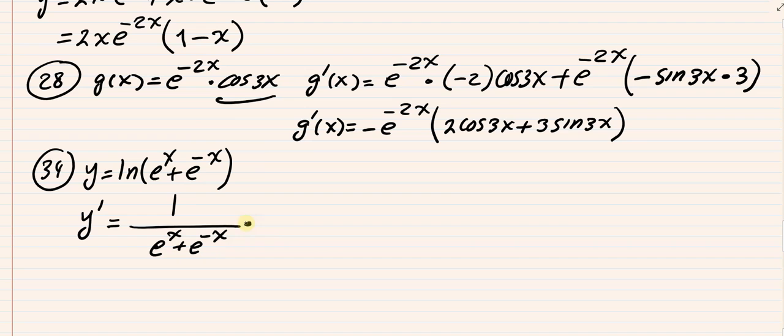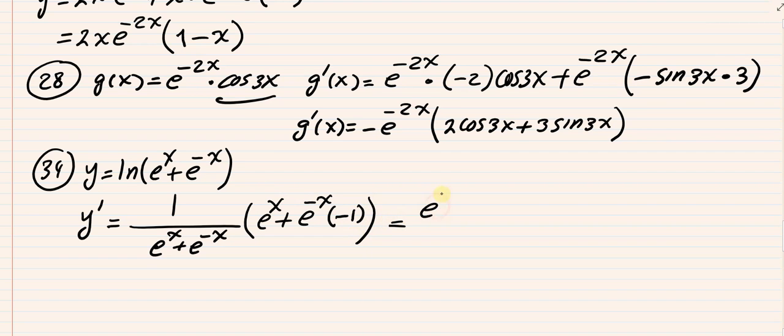And then du is the derivative of the inside parentheses. The derivative of e to the x is itself. Derivative of e to negative x is itself, but then times negative 1 because of chain rule. The first one also has a chain rule, times 1, which I didn't write, is itself.